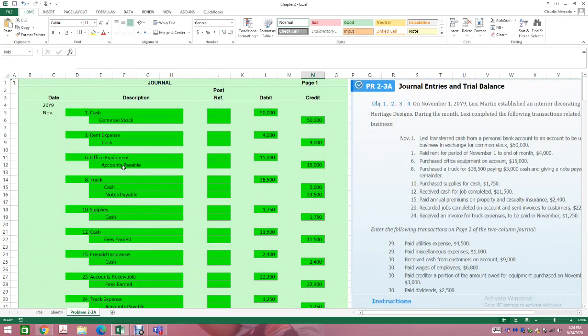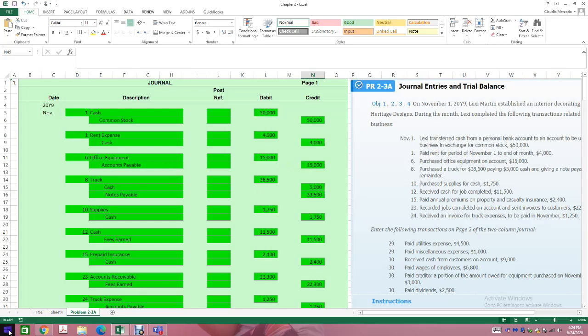So when we recorded this transaction, we already recorded the office equipment. So we don't have to mess with this because it's already been recorded in our books. But what we did record was an accounts payable. So that showed us that I owed $15,000. So if I'm making a payment today of $3,000, what's going to happen to my accounts payable balance? Is it going to go up or is it going to go down?